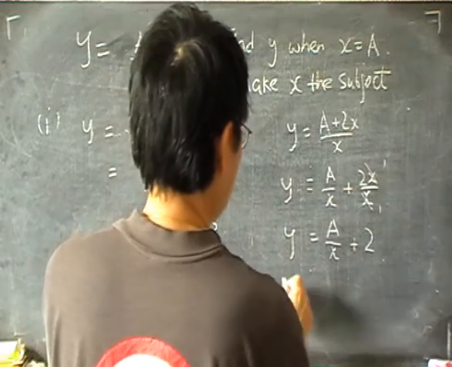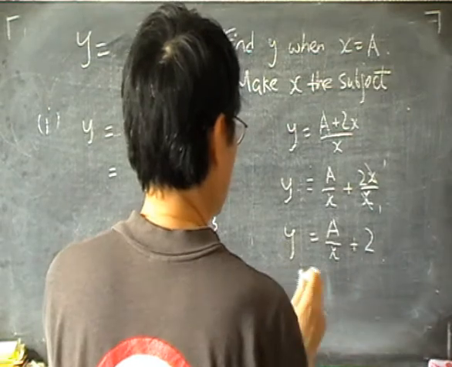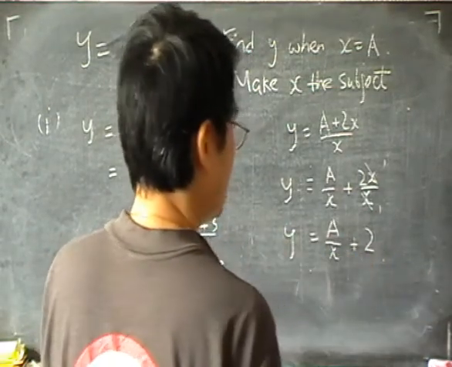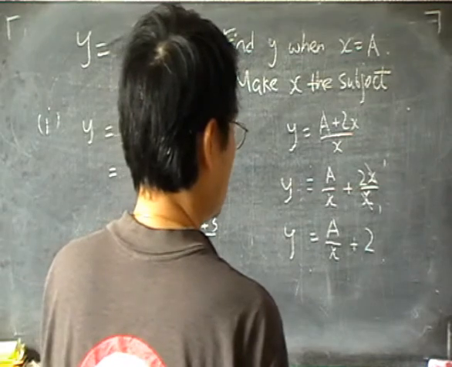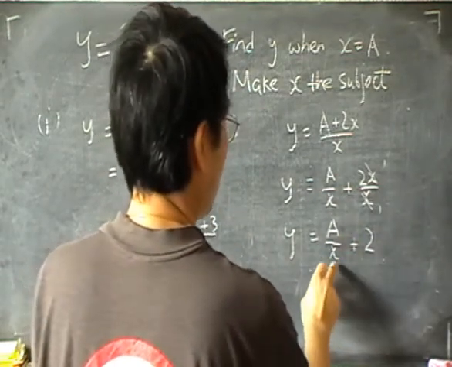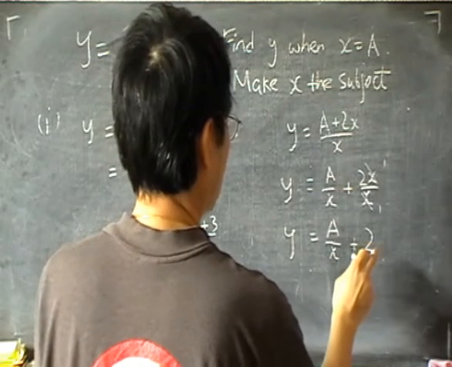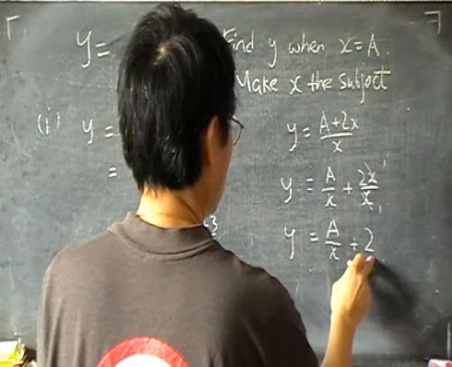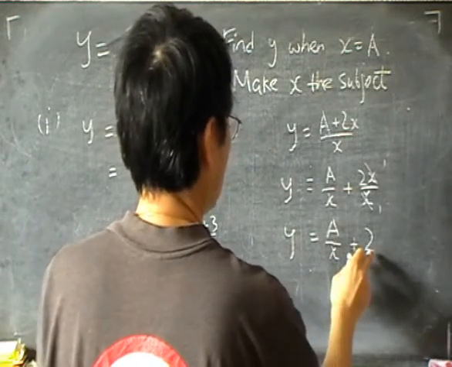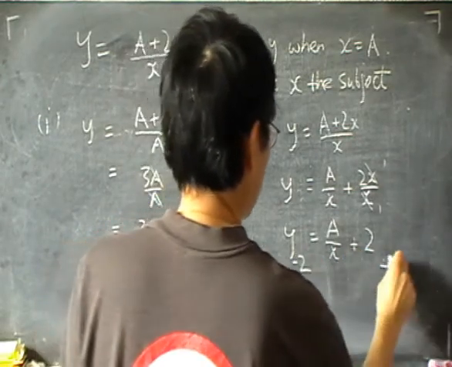So let me try to move everything that has no x to one side. In this case, I have x on this side and I have a 2. I can move the 2 away if I minus 2 from both sides.